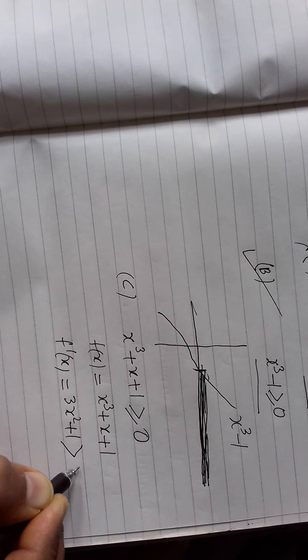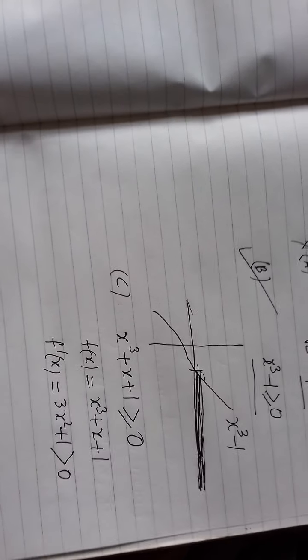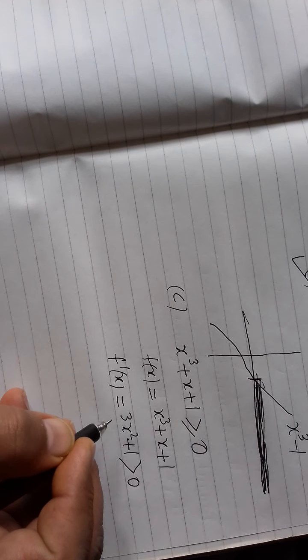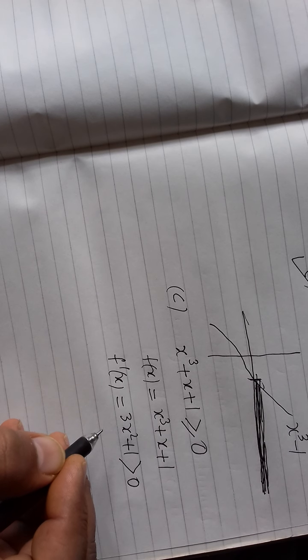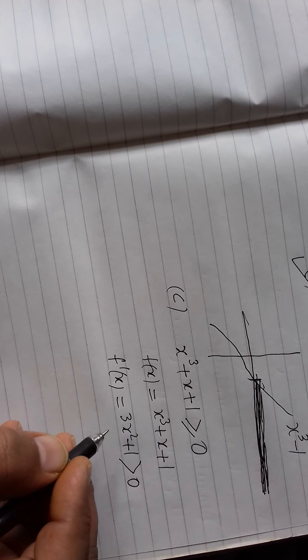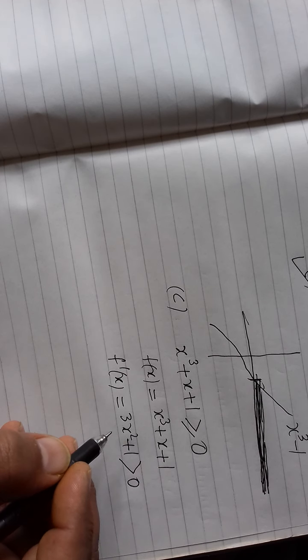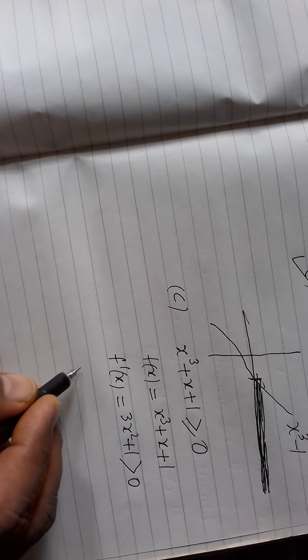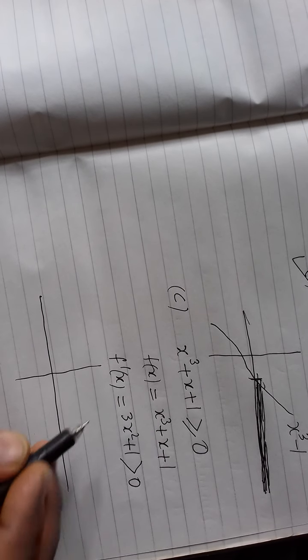This is always positive. x square is positive, so this whole thing is positive. This means that the graph is monotonically increasing.